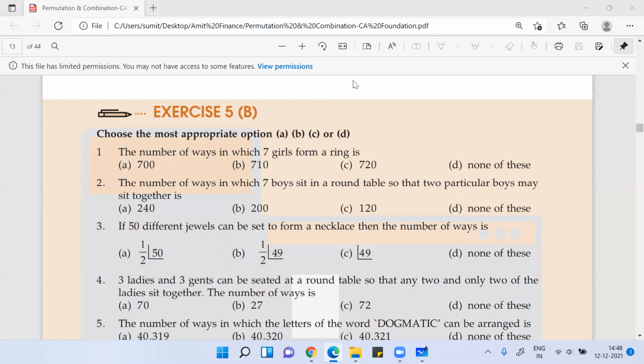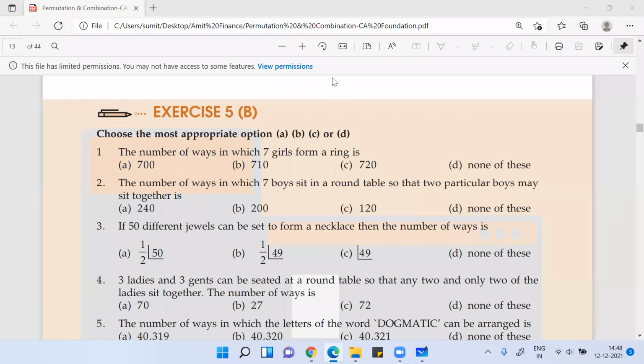Let me explain this with my pen. They are asking to arrange in circular permutation. Circular permutation of n persons in a circle is n minus 1 factorial.